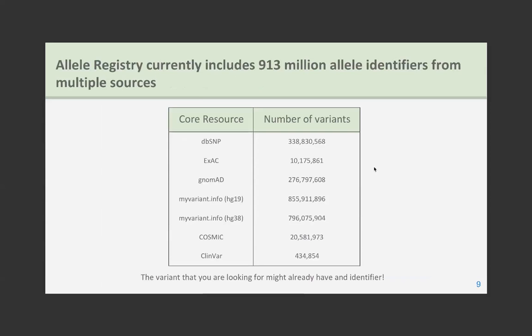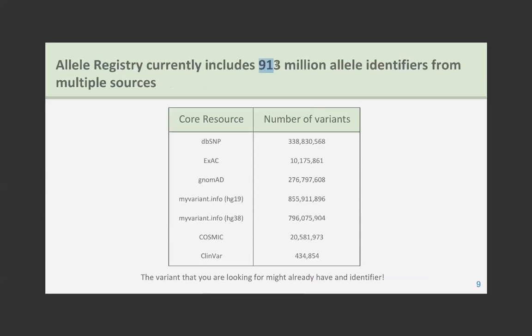Once it was ready, to facilitate the job of curators, we looked into some key resources like dbSNP, ExAC, gnomAD, myvariant.info, COSMIC, and ClinVar, and we collected variants from these resources and provided an identifier for each of them.